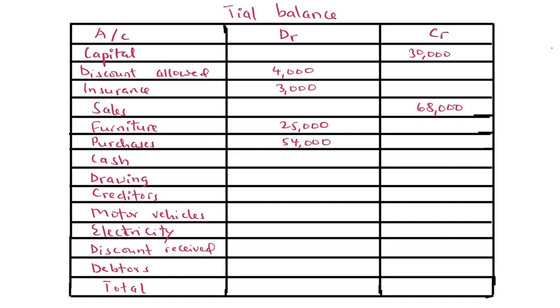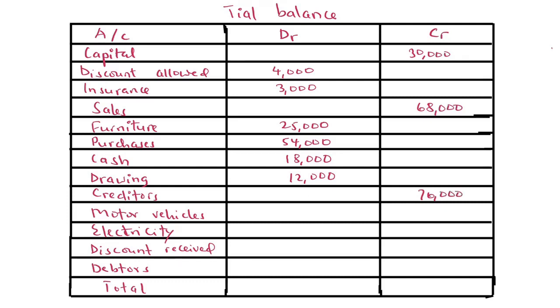The next is cash balance with a debit balance of 18,000. Next is the drawing with 12,000 in a debit balance. Next is the creditors with a credit balance 76,000.